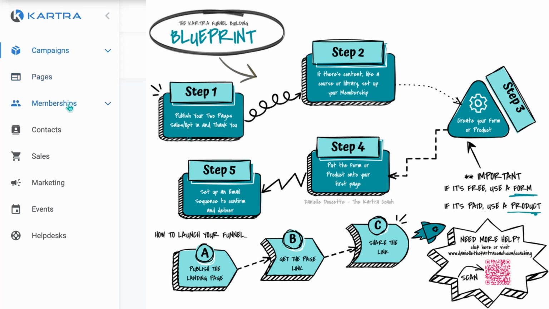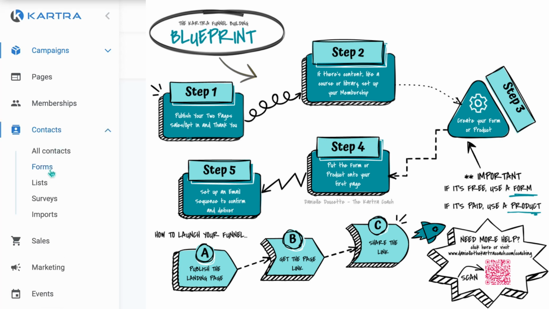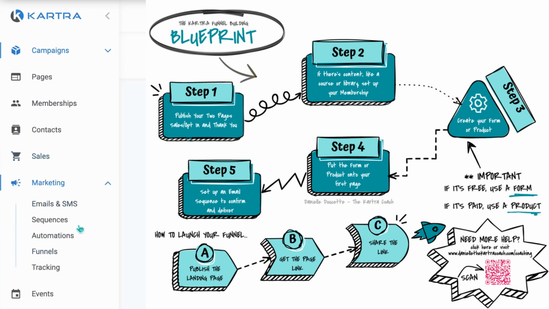Then we create the content in a membership if necessary. And then if it's free, we use a form, which is in contacts. And if it's paid, we use a product, which is in sales. And then we end off with our email sequence, which is in marketing. So these are now in the perfect order, in my humble opinion.